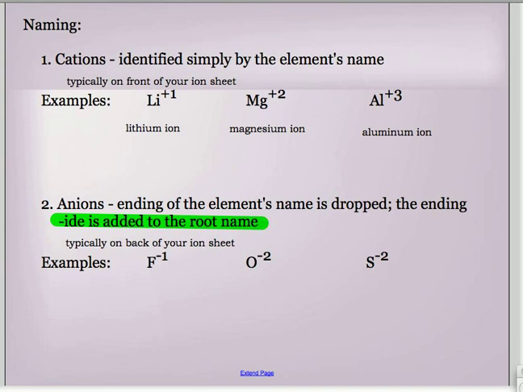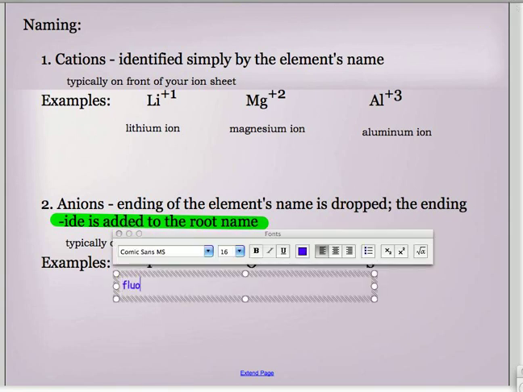So this is the first thing that people kind of get tripped up on. But you have to be aware that when you look up F on your ion sheet, which is on your back, you're not going to find fluorine. You are going to find fluoride ion.